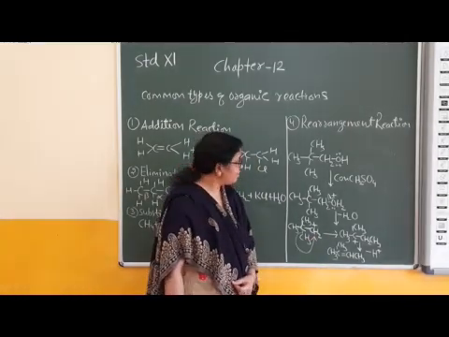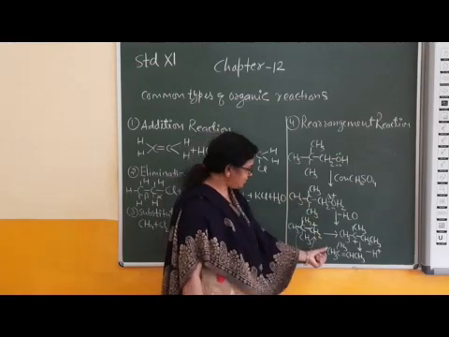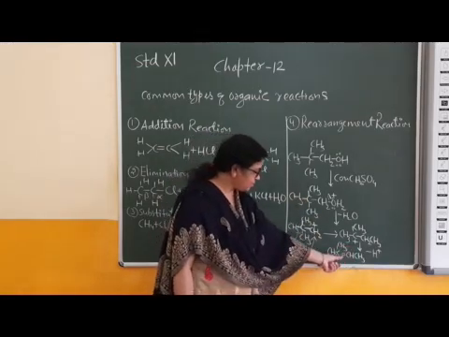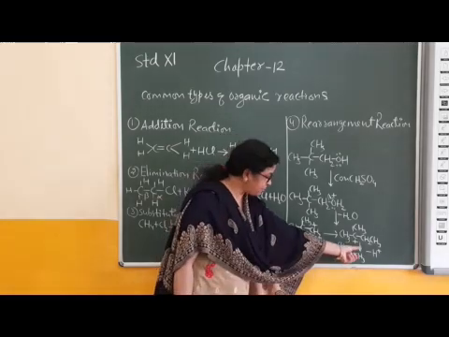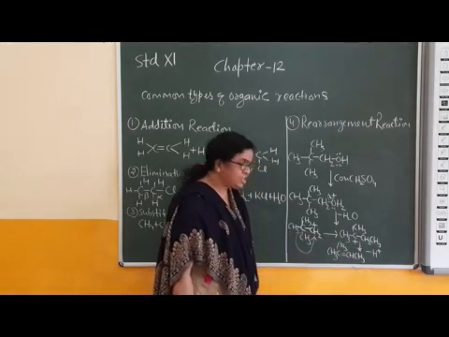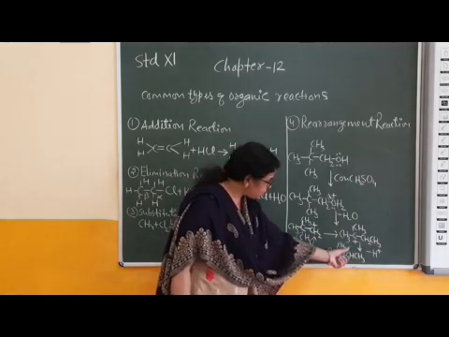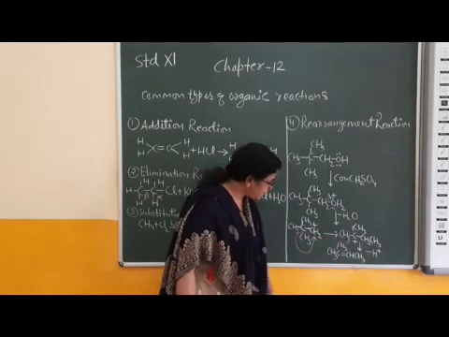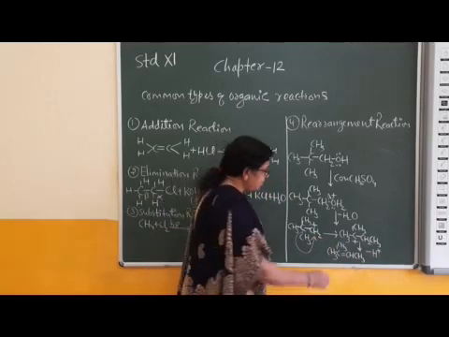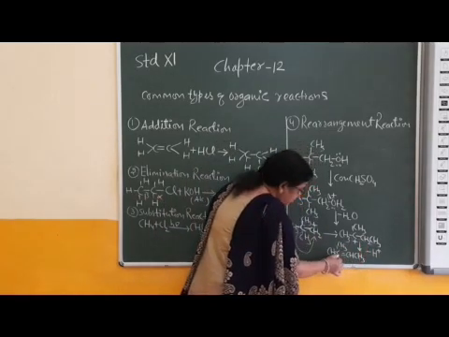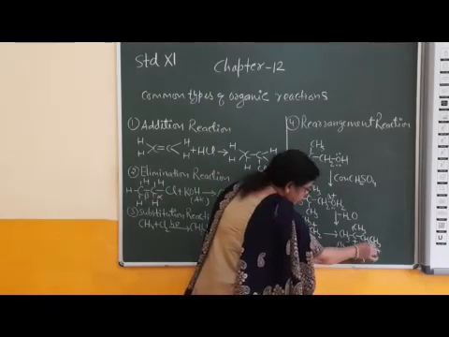Okay children. Next one, rearrangement of hydrogen. After proton shift, elimination of one proton from this carbon, right? Then here is formation of double bond between C and C, C double bond C after elimination of this proton.